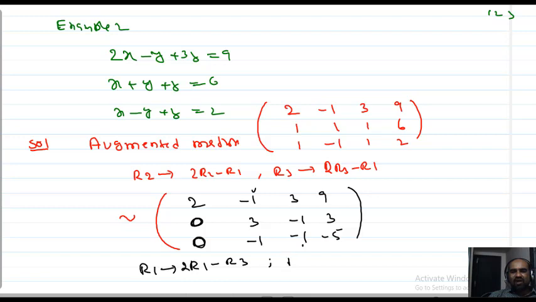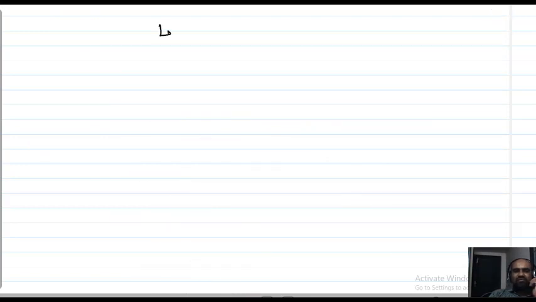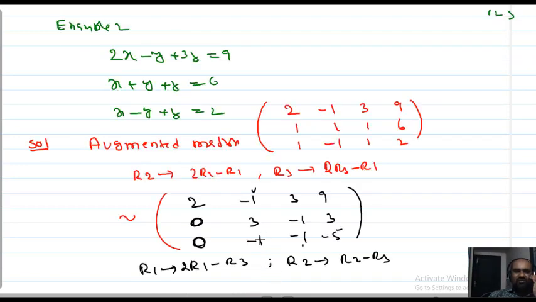Okay. R2 changed as R2 minus R3. Okay. So where should I write? I will write in the next page only. That is better. Okay. 2R1 and 4. 4 minus 0, 4 only. I will write 4. Next, 2 minus 2. Minus 2.